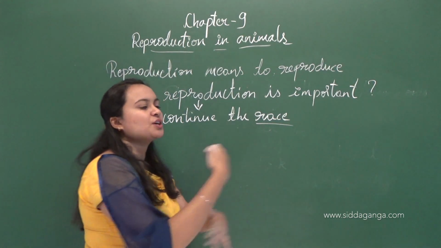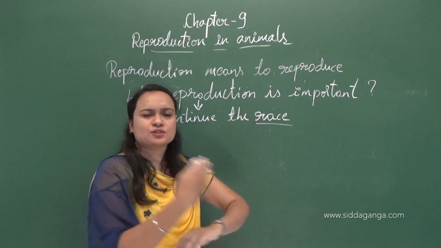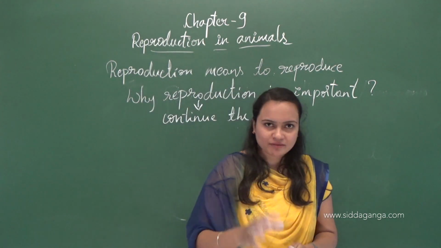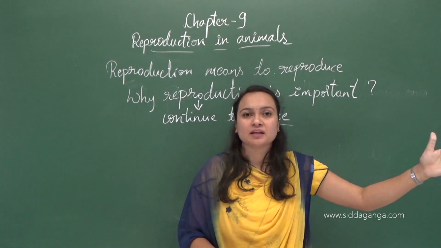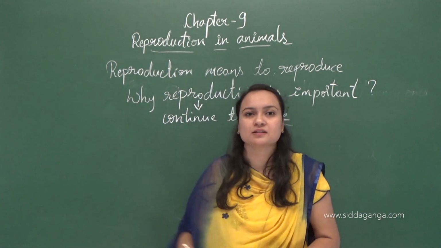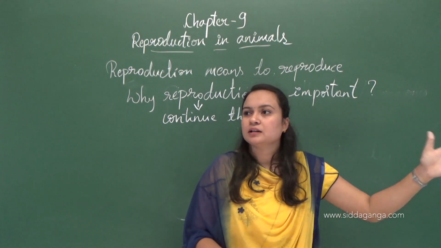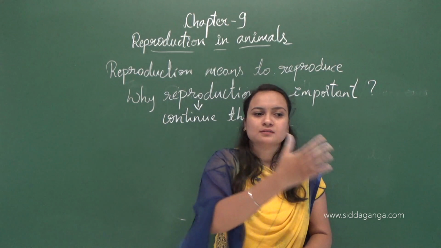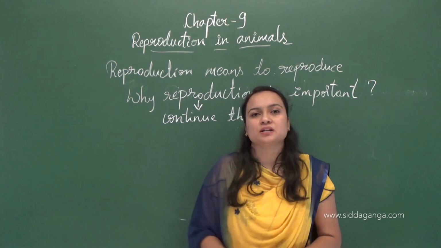That means the generations, the species, generation after generation. If you consider your family, the grandparents, parents, now you and your children, their children, there is generation after generation. This is continued by the species.